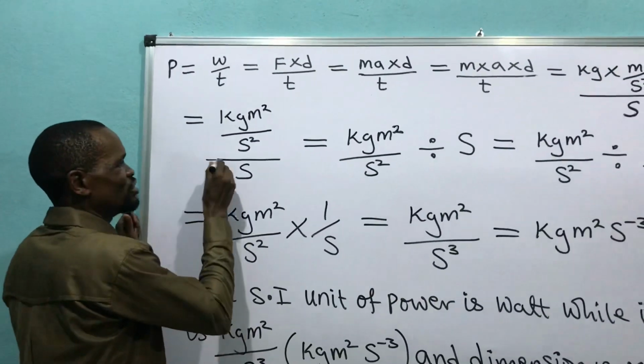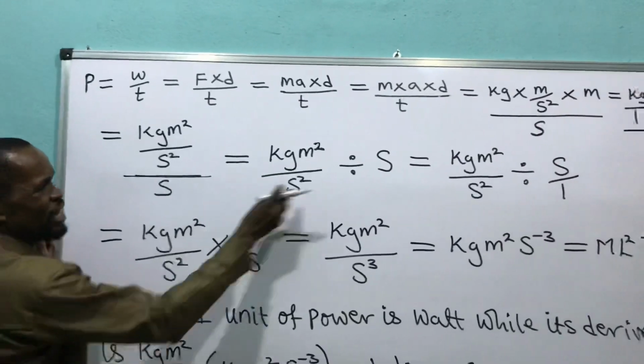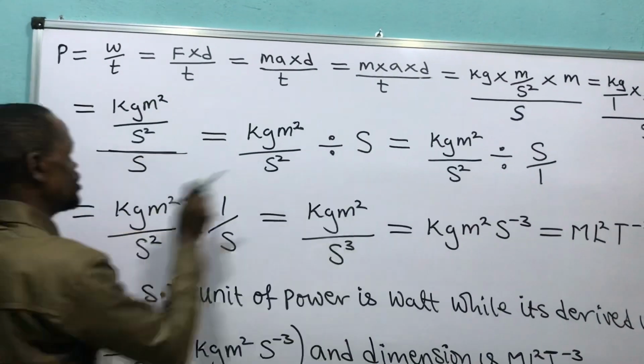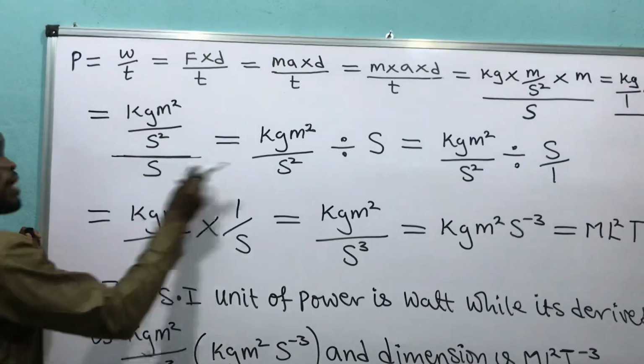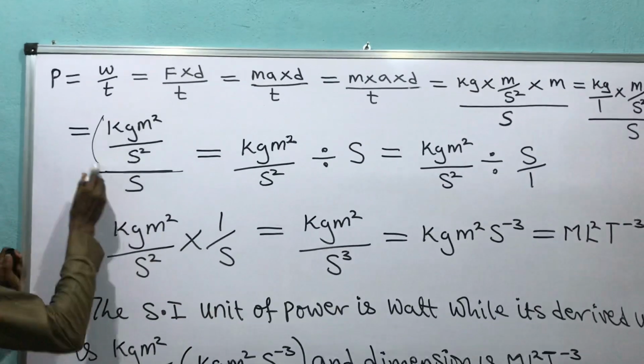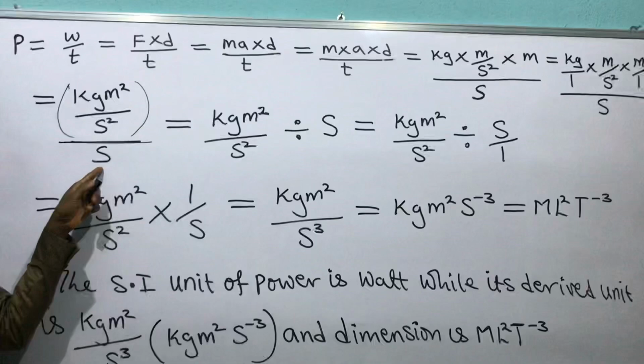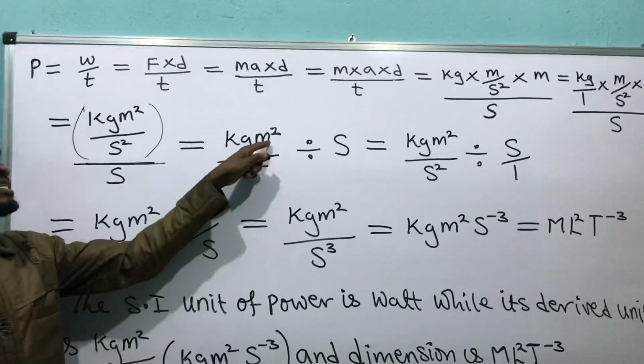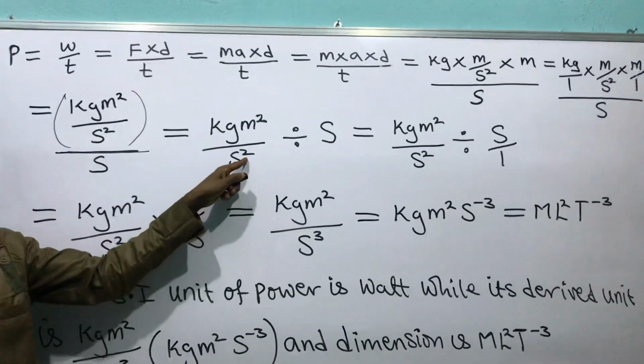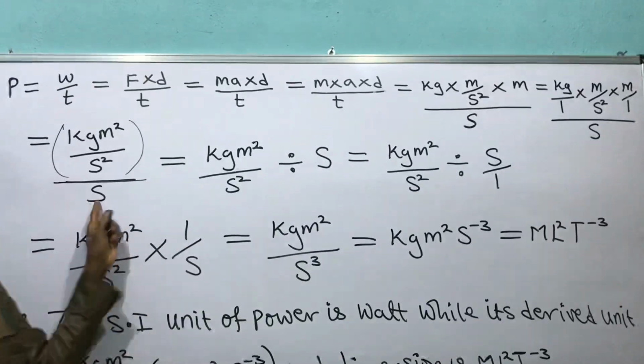Look at the division: it is divided by second, not second square. This is one entity divided by second. So I would have said kilogram meter squared over second square divided by seconds. That's what I did here.